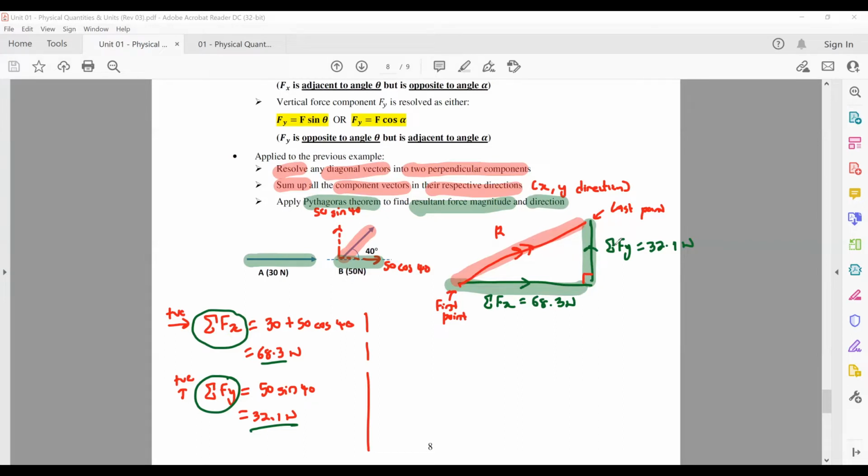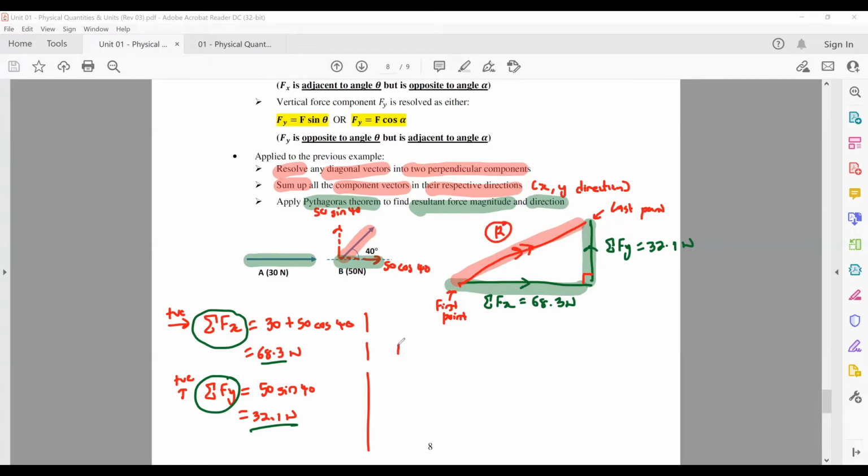So recall that earlier I told you, when you see vectors forming a right angle triangle, you can just straight away do a calculation using Pythagoras theorem. So over here, you have a right angle triangle where R is your hypotenuse.